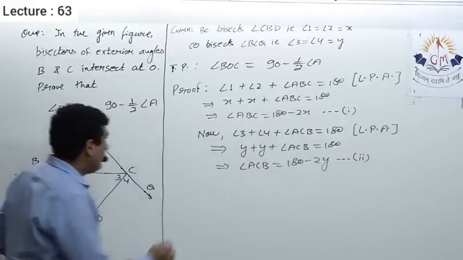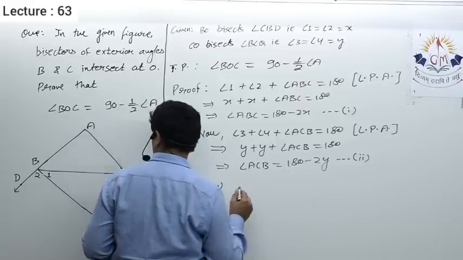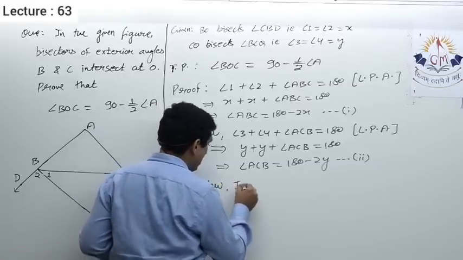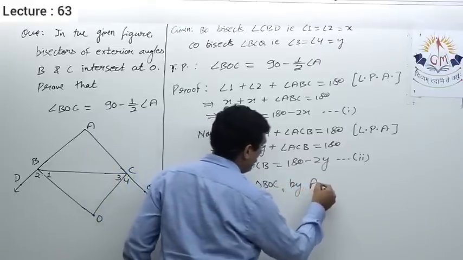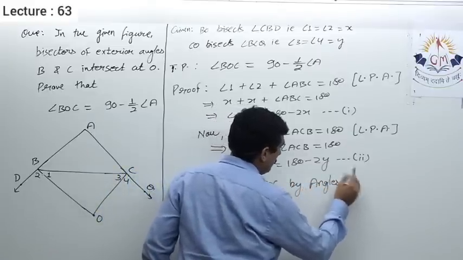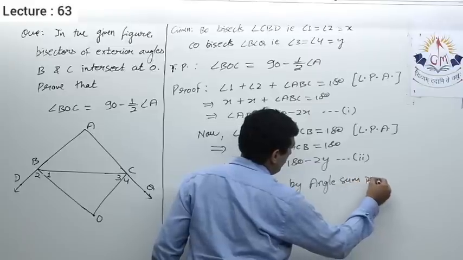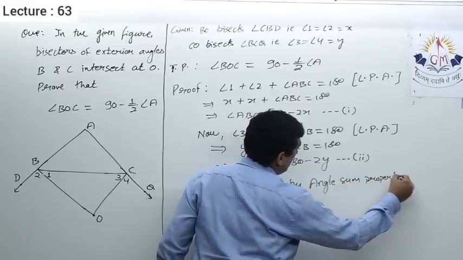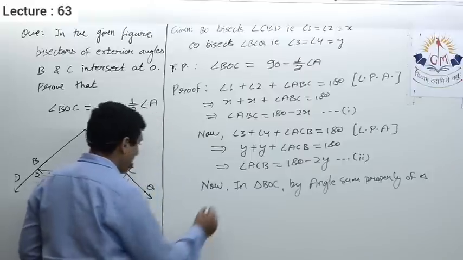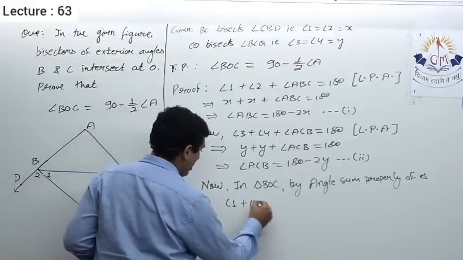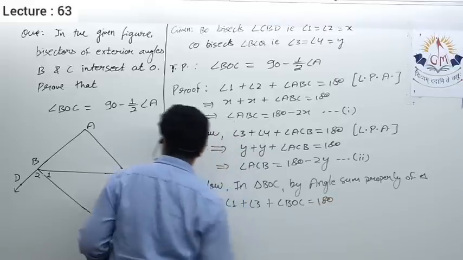Now one thing more I can write. Now in triangle BOC, by angle sum property of triangle, I can write angle 1 plus angle 3 plus angle BOC is equal to 180 degree.